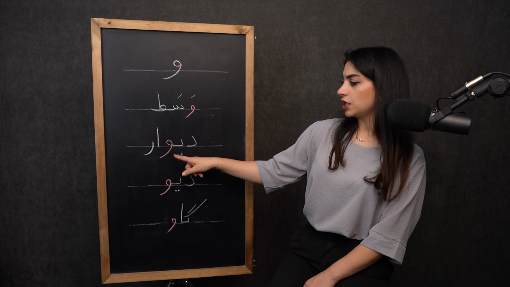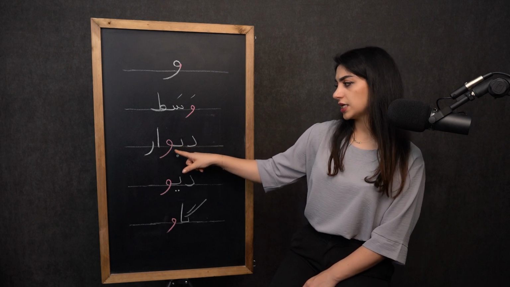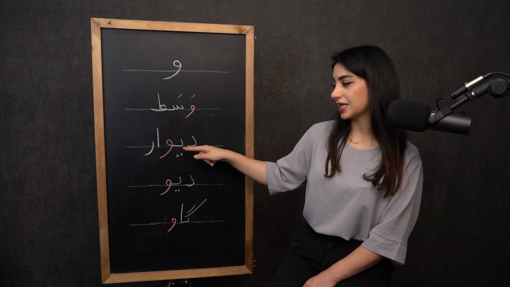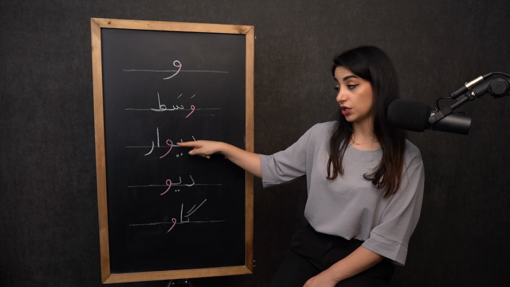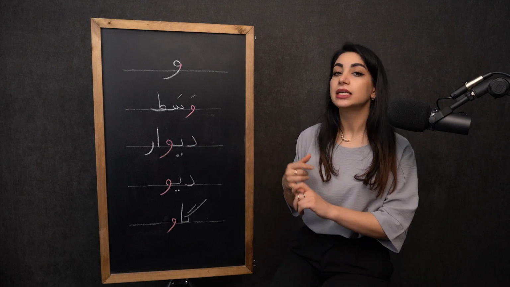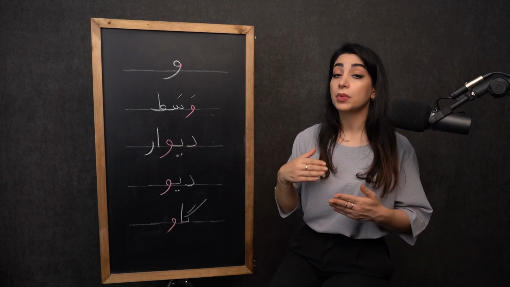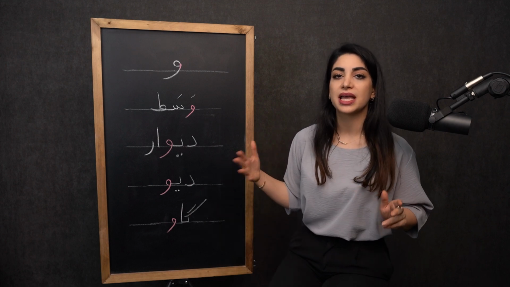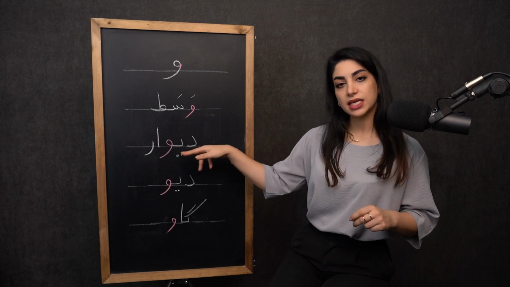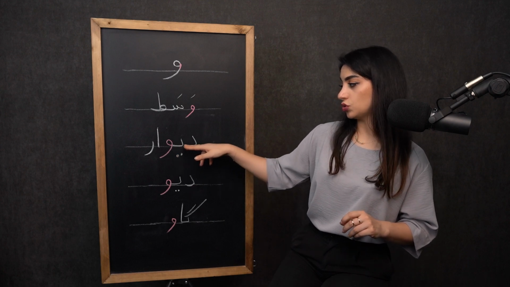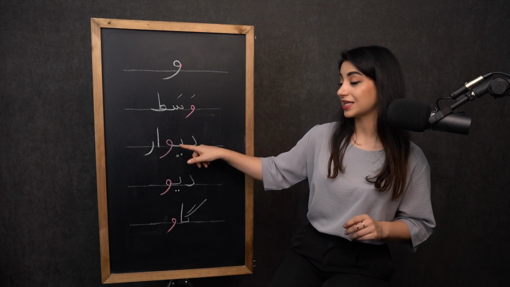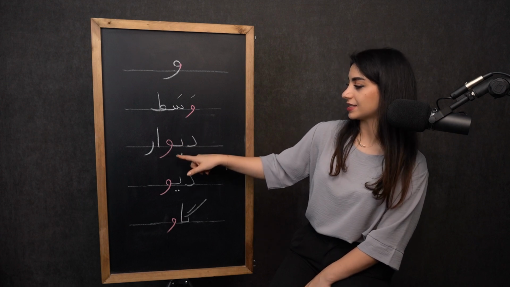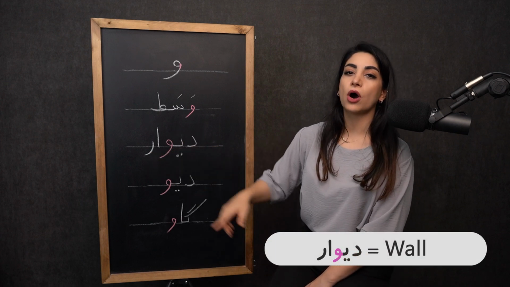Here we have our V in this part and it attached from here. It can be attached from this part, but sometimes it comes in the middle of a word and doesn't attach from any part of it. But this one, I wanted you to know how it looks like when it attaches to something, like this. دیوار.